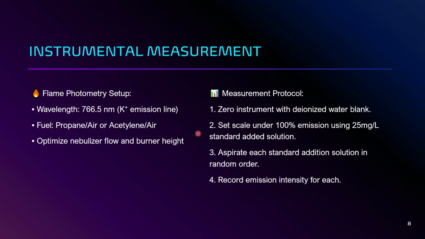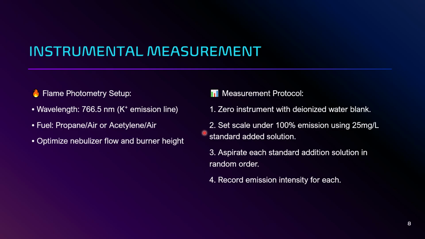Then the second thing is that you take the highest concentration. The highest concentration in your case is the one having 25 ppm of potassium standard. Now put the 25 ppm potassium standard in your flame and set the emission intensity to 100%. It is because it is a relative scale.